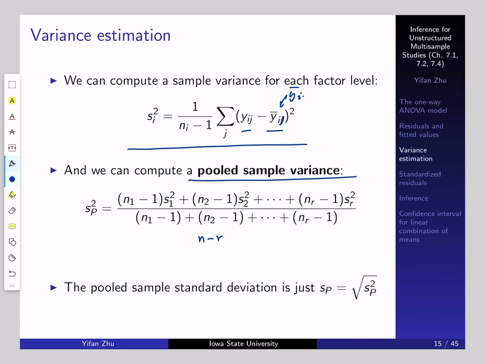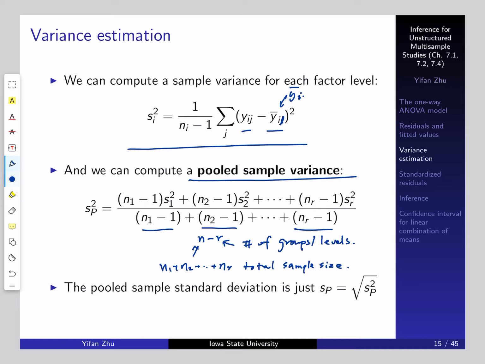So n minus r is just n1 minus 1 plus n2 minus 1 plus nr minus 1. Here n is n1 plus n2 plus nr, the total sample size, and r is the number of groups or number of levels.